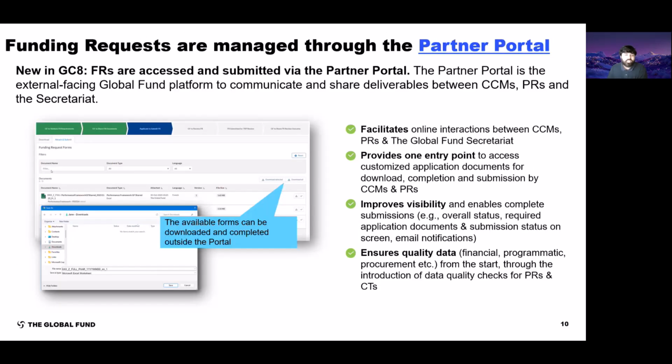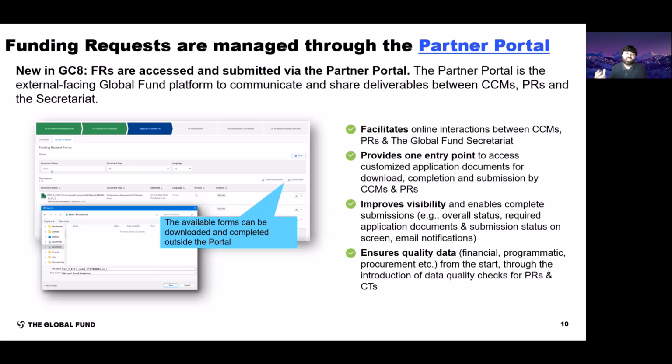Now, as we've mentioned quite a bit, funding requests will be managed through the partner portal. This will mean you as the CCMs will be able to access all funding request documents in the partner portal. Once the documents have been completed, you will be able to submit your documents through the partner portal as well.